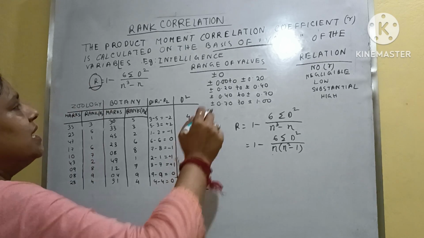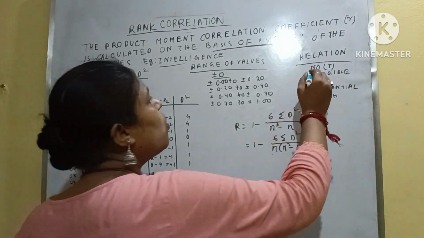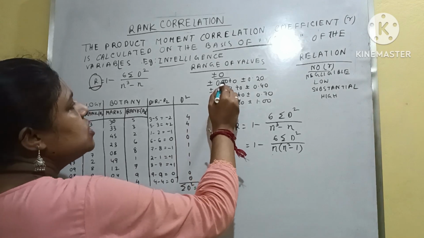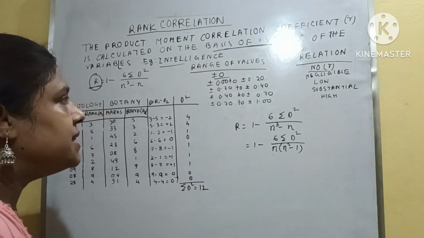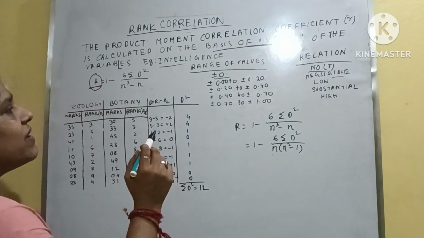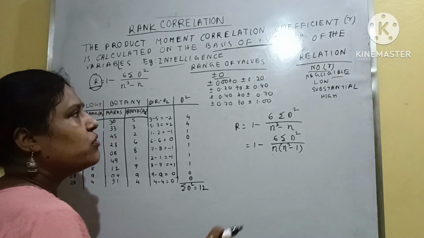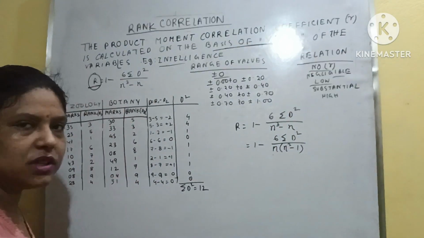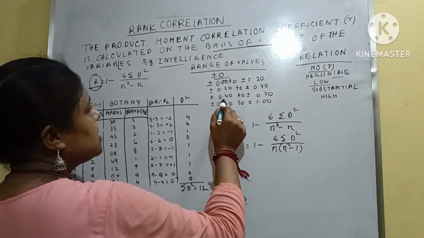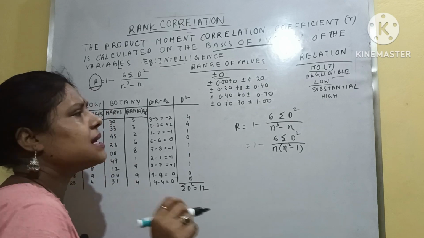Now the range of values. If the value is 0, there is no correlation. If the value ranges from 0 to 0.20, it is negligible. From 0.20 to 0.40, the relation between the two variables is very low. From 0.40 to 0.70, it is substantial.